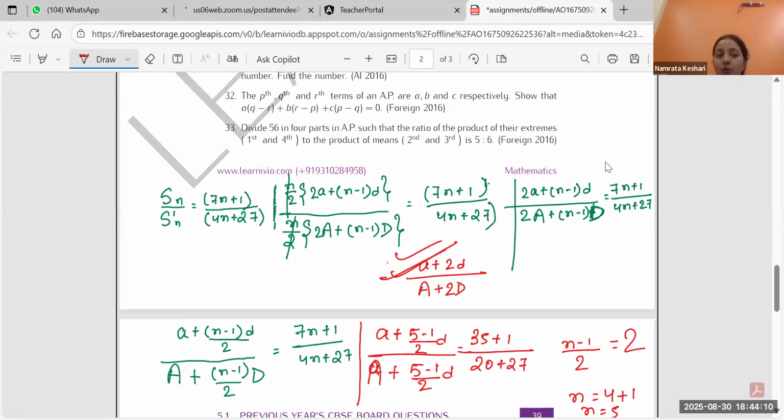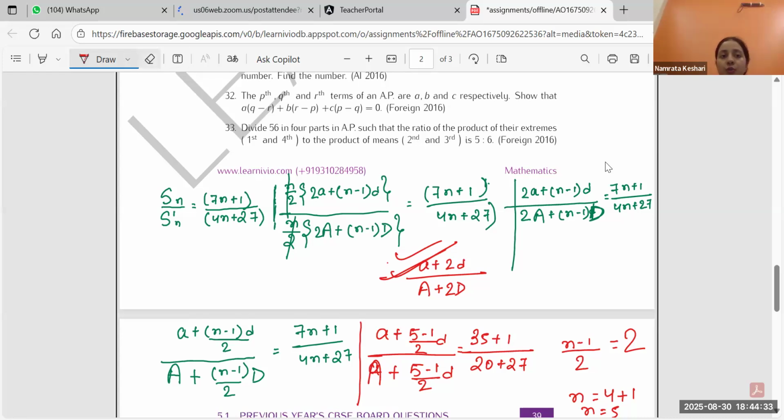And this way, without knowing your AP, without knowing the first term, without knowing the common difference, directly you will land at the third term ratio from the sum ratio. Are you getting it? Yes, ma'am.